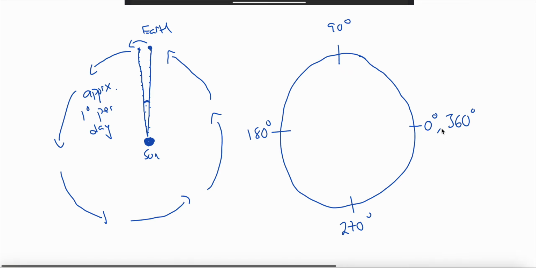So 360 degrees lets us approximate 1 degree per day, and is a number that is very divisible. That is ultimately why we think that the Babylonians may have chosen the 360 degree circle. Although the exact reason is unknown, this is our best guess as to why it was originally formed.